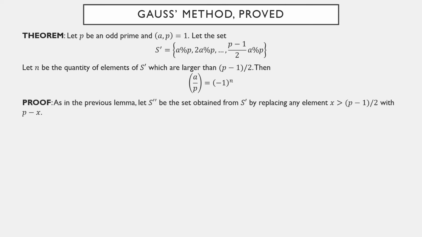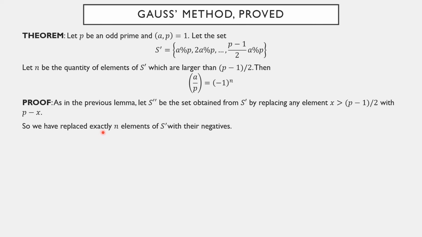As in the previous lemma, we're going to let s double prime be exactly what it was before. From s prime, replace any element which is larger than (p-1)/2 with p minus it. So we've replaced exactly n elements with their negatives, where n, notice, is how many are bigger than (p-1)/2. How many of the remainders were sufficiently big?